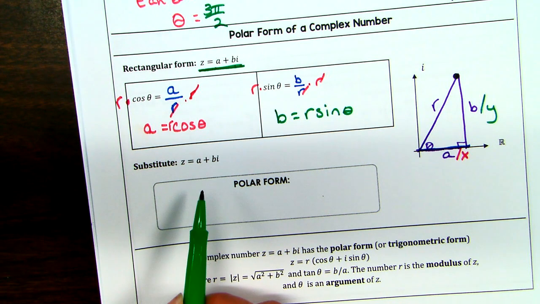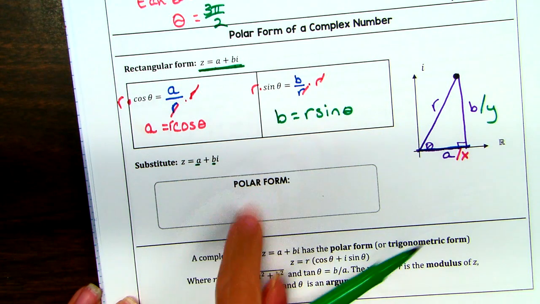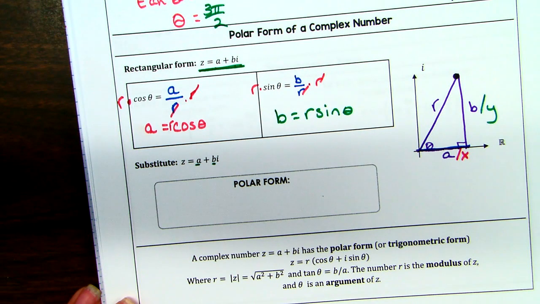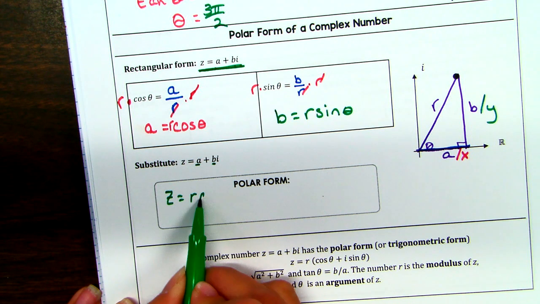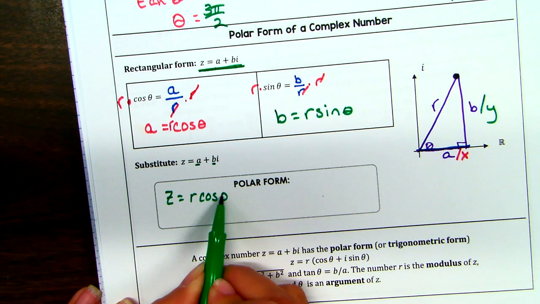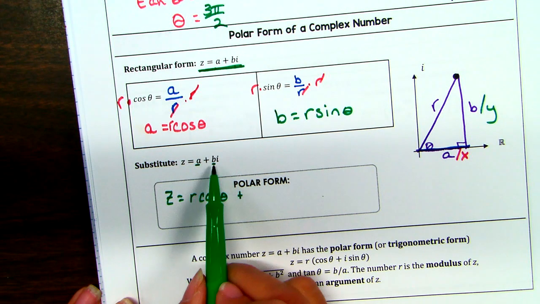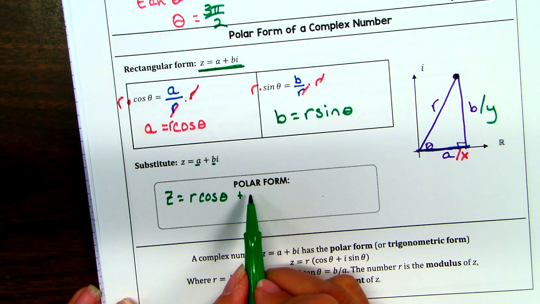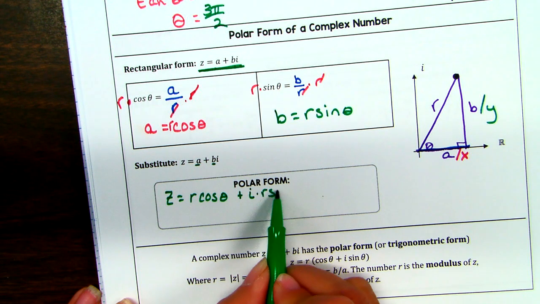So here again is rectangular form of a complex number. Complex means it has the I in it. Let's substitute in for A and B, and that will give us polar form, okay? So Z equals, in place of A, I'm going to put R cosine theta, plus B is R sine theta. We typically put the I first. I'll talk more about that in a sec.